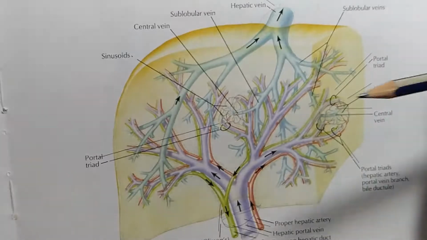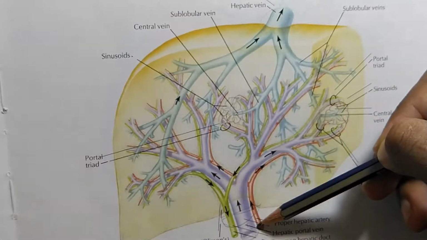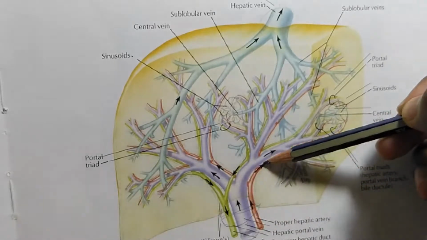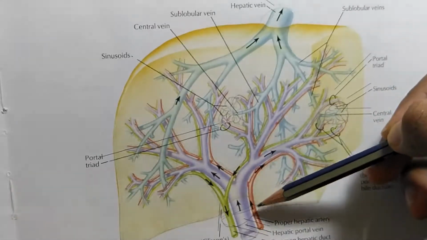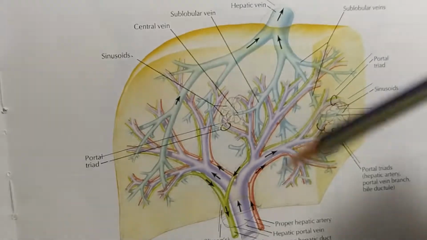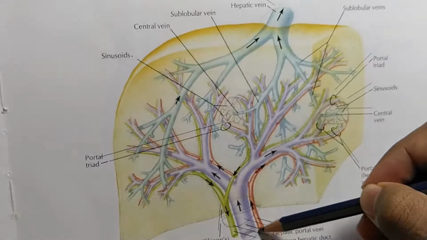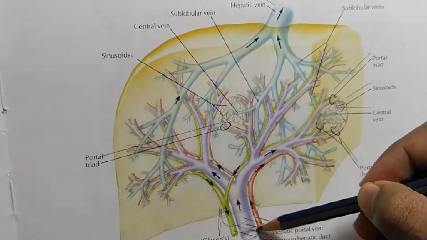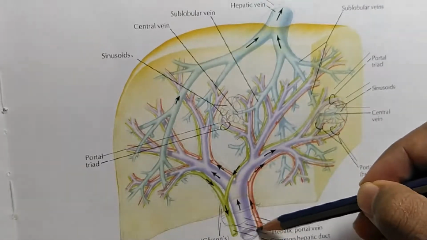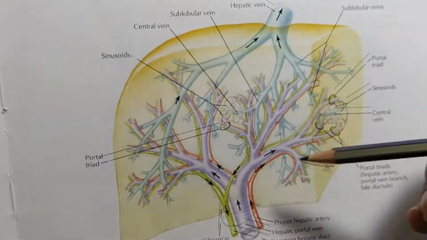But the liver is supplied by the hepatic artery, and the portal vein, which is most important, is a venous system that carries at least 80% of the blood that goes through the liver.